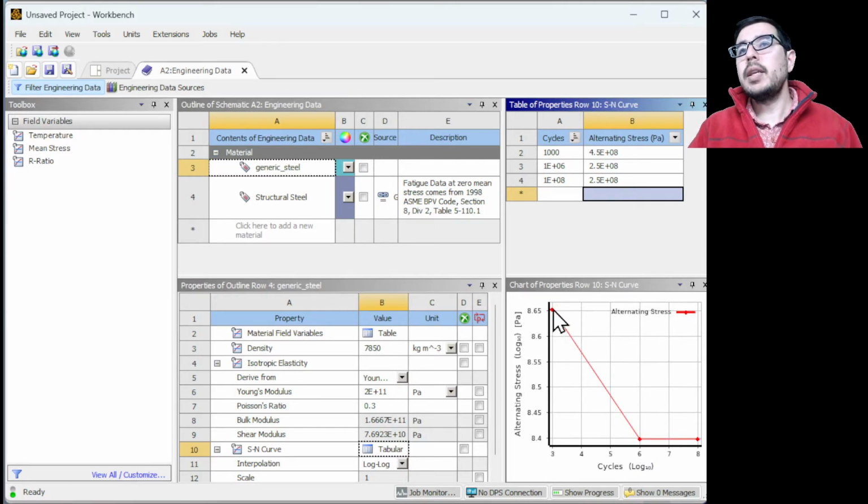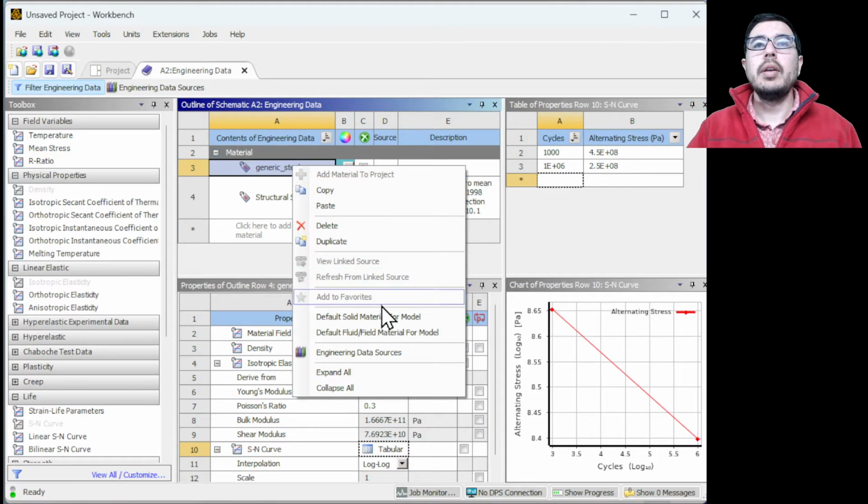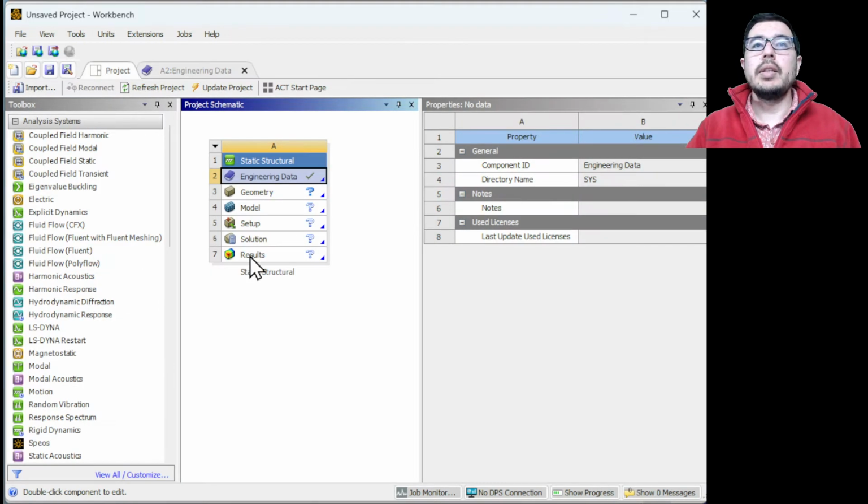My understanding is that Ansys looks at the first and the last point here if you plot a curve like this. So let's go ahead and delete this point right here, and this will be our Sn curve for our analysis. It's also not a bad idea to right click here and use this as the default solid material. We're not going to use structural steel here, which is the default Ansys gives us.